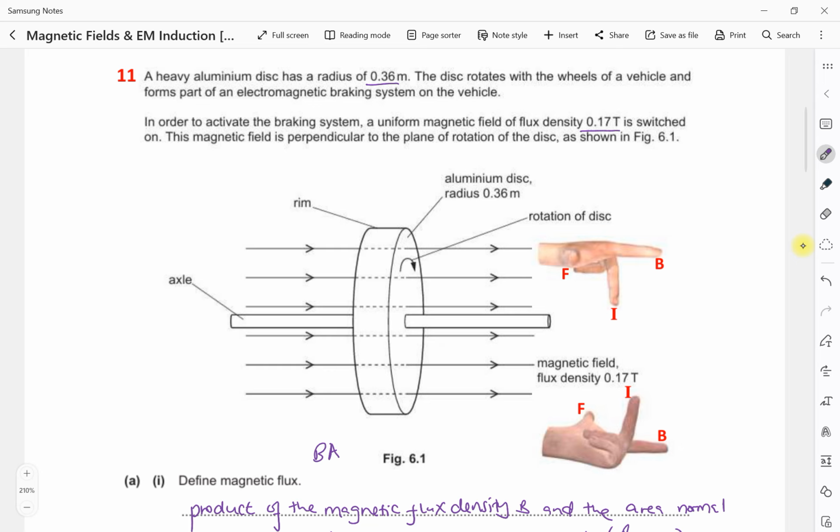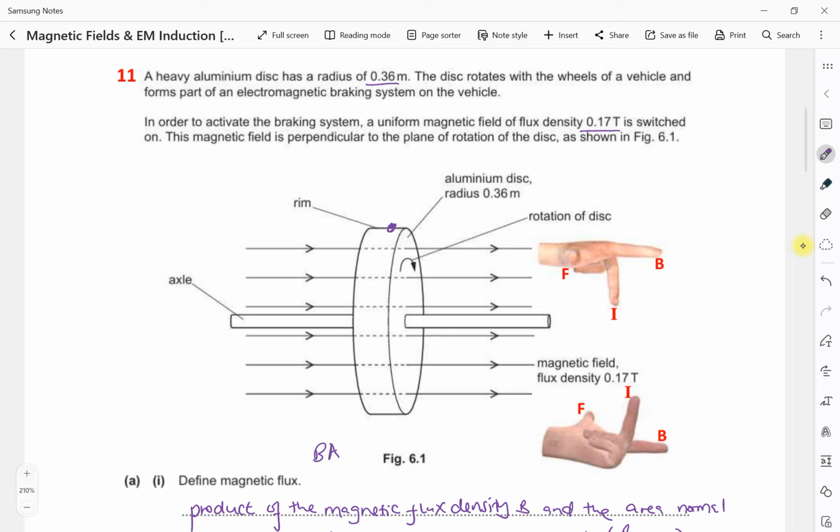We know that Lenz's law demands that the force must act so as to oppose the rotation. Let me consider this point here. If the rotation is, let's say, clockwise, the force must act anti-clockwise, or counterclockwise, according to Lenz's law.